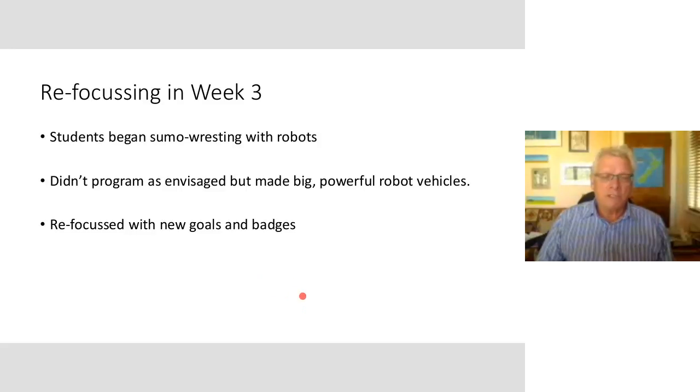So they obviously downloaded the app and started building monster robots that they could control with the app. They could control the movement, which was interesting and fun and very rowdy, but didn't really address the purpose of the lesson, which was to teach them a little bit about programming.